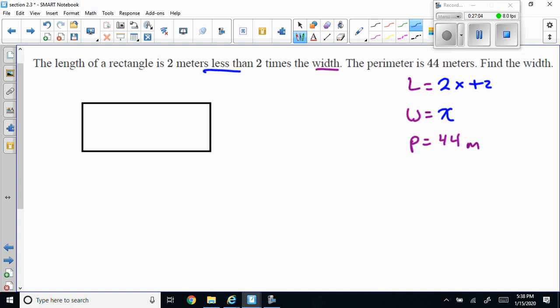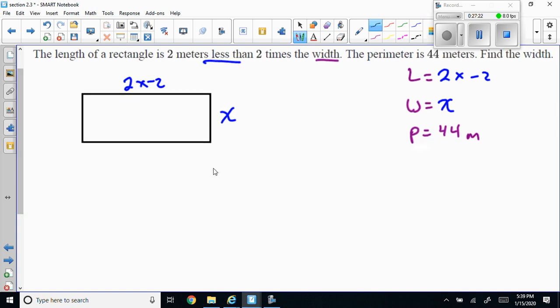No, it said less, right? Sorry. My bad. 2x minus 2. So here's 2x minus 2. Here's x. And we know the perimeter, which is all the way around it, right, is 44. So it's easy to just use the perimeter equals 2 times length plus 2 times width, right?